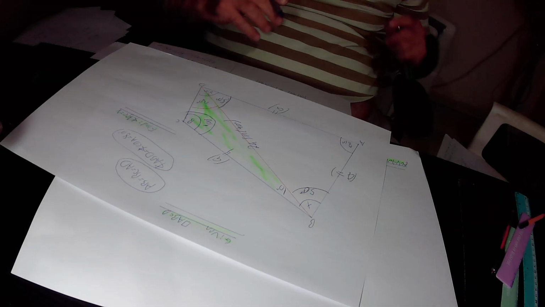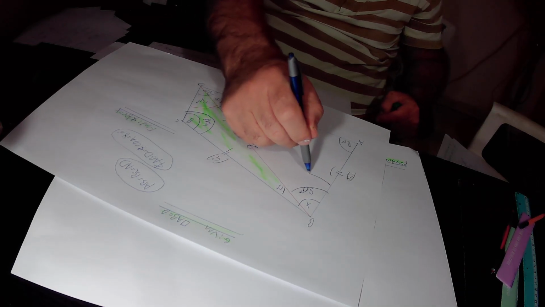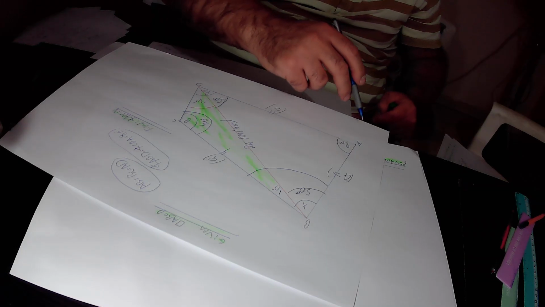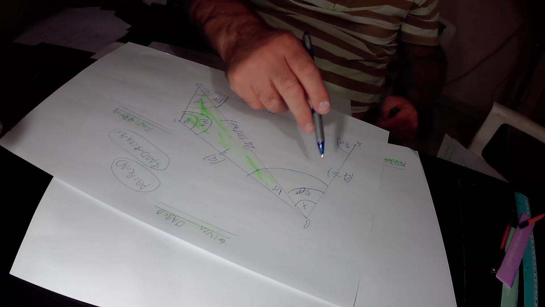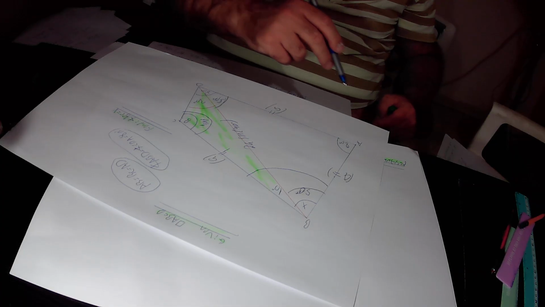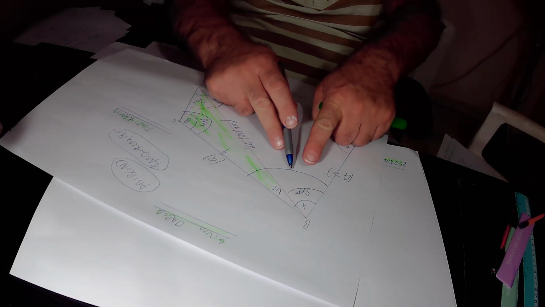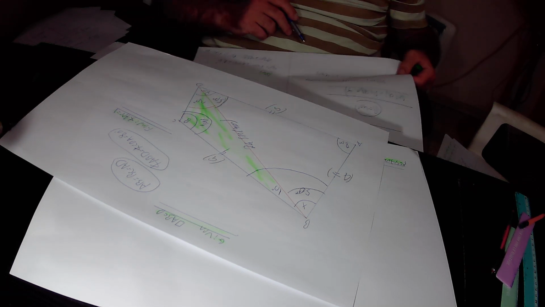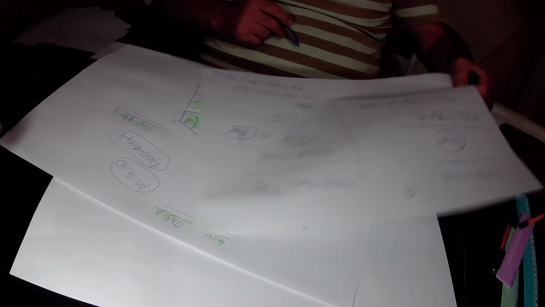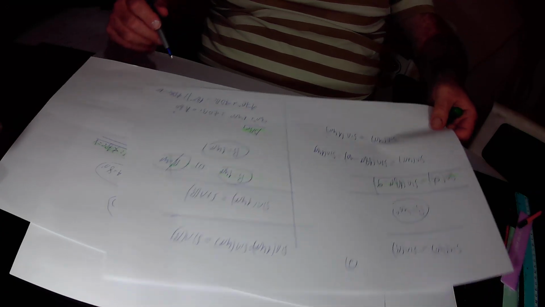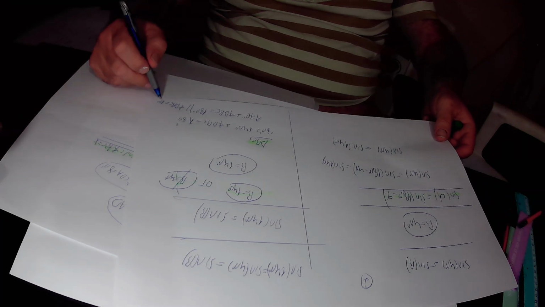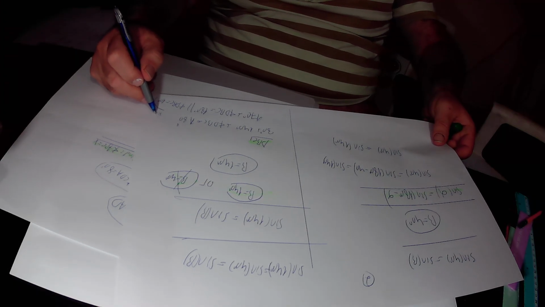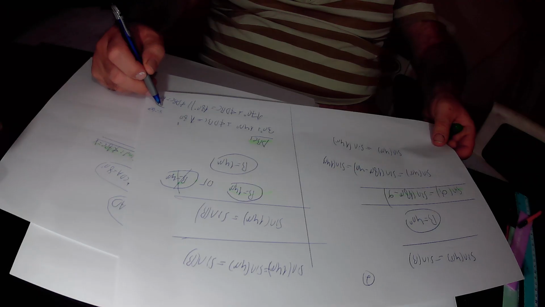Again, our task is to find the size of this angle ABC, which is equal to x. Angle ABC in total equals 50 degrees plus 10 degrees, that is 60 degrees. So we found out that the missing angle x equals 60 degrees in size.